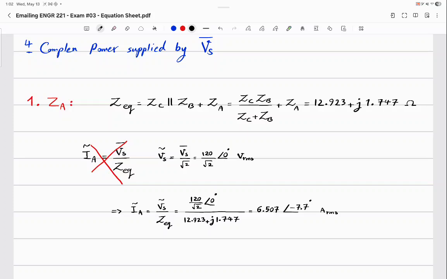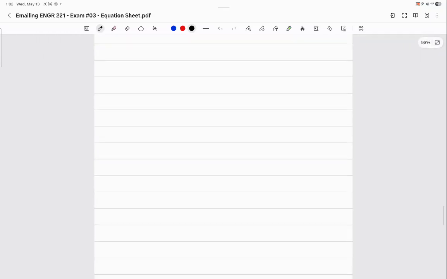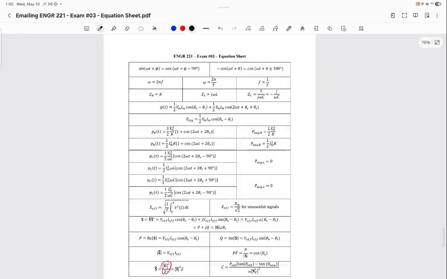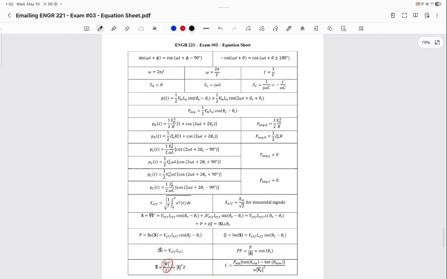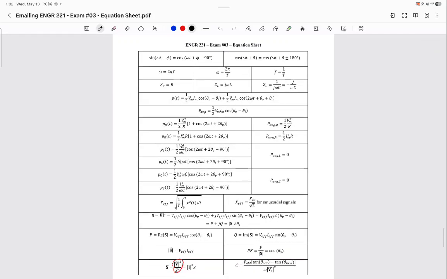Okay, now, first of all, I have the current. Go to the equation sheet and tell me which equation I should use to calculate whatever the question is asking. The question is asking for average power. Which equation should I use?